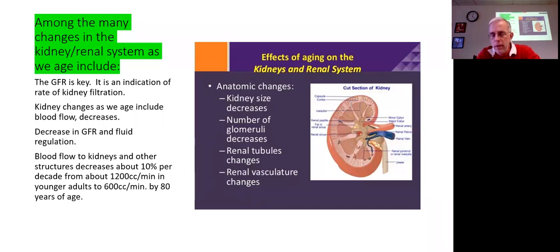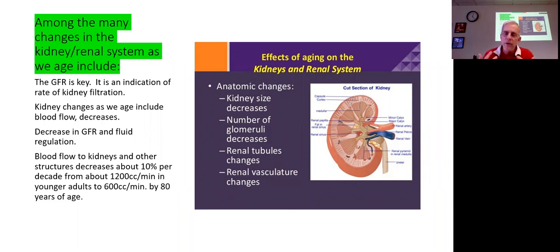Now, this is important, and I only touch upon this. I don't go into great detail, but there are changes in the kidney system, like other areas within the body, as we age decade to decade. Specifically, the filtration rate is key. The glomerular filtration rate.